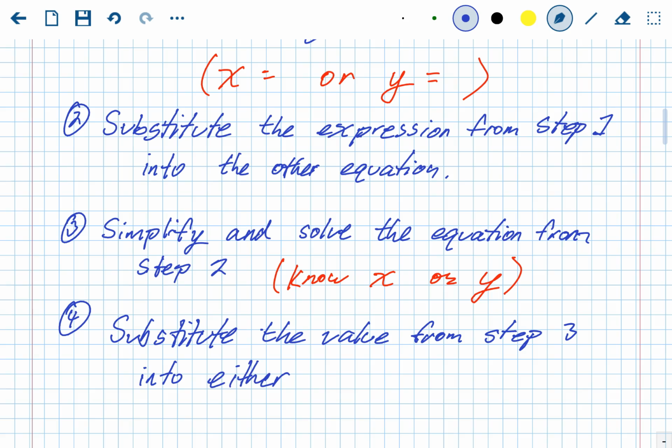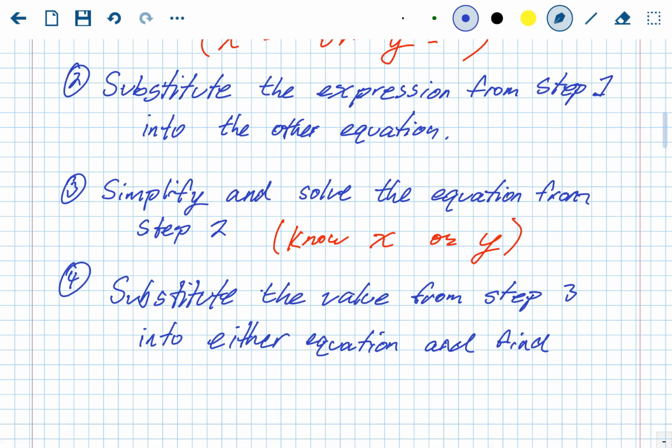You could choose the top equation or the bottom equation. You're going to substitute the value from step 3. It's going to be x equals a number or y equals a number. And you're going to substitute that back into either equation. And then use that to find the last variable. Okay. So if you found x in step 3, you're going to be finding y in step 4, and vice versa.